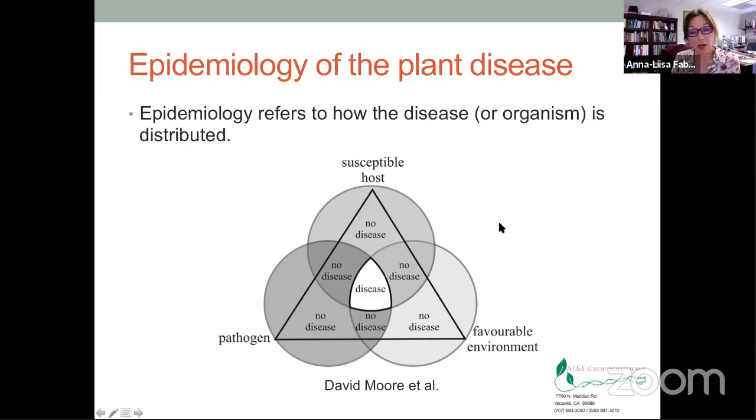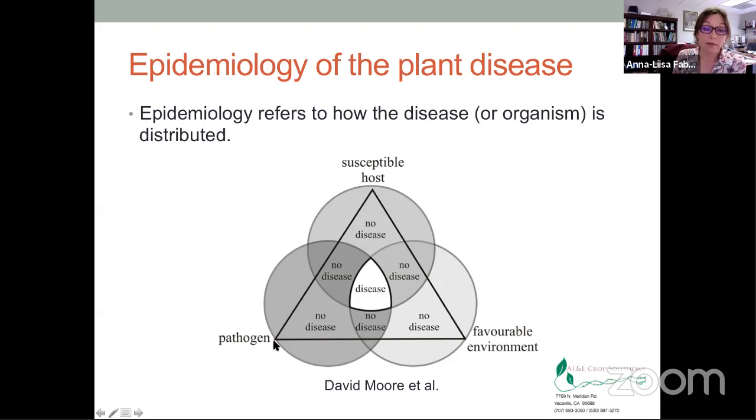This is a disease triangle, a very classic plant pathology presentation. In order for disease to take place or occur, we need to have a pathogen present, a susceptible host, and a favorable environment.